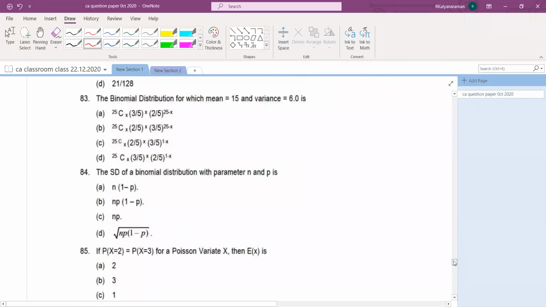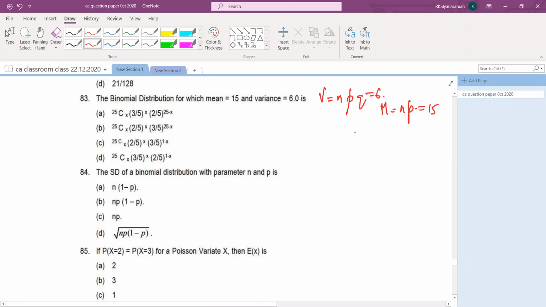For the binomial distribution for which mean is equal to 15 and variance is equal to 6, find the standard deviation. Okay. Variance is equal to NPQ. Mean is equal to NP for a binomial distribution. So this is 15 and this is equal to 6.